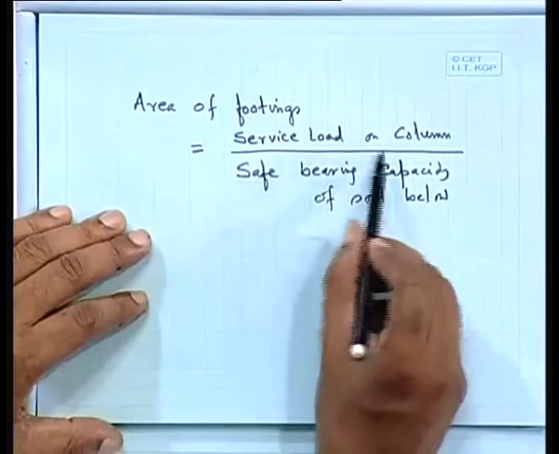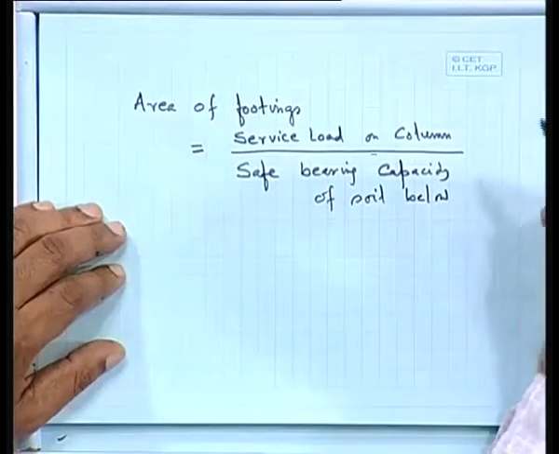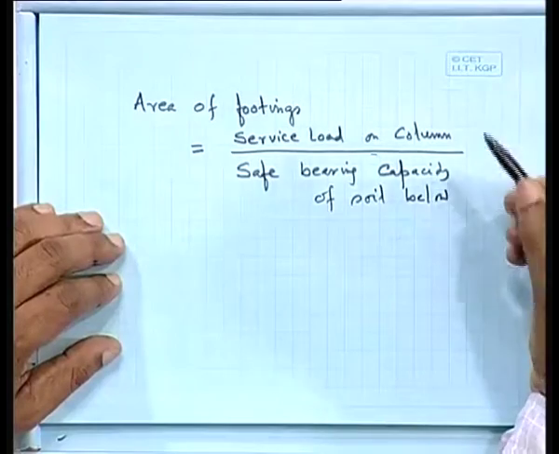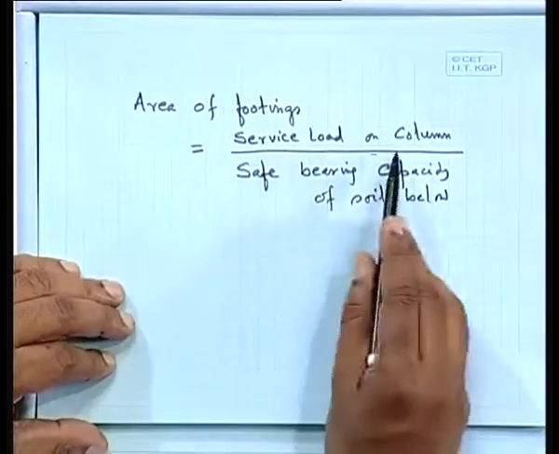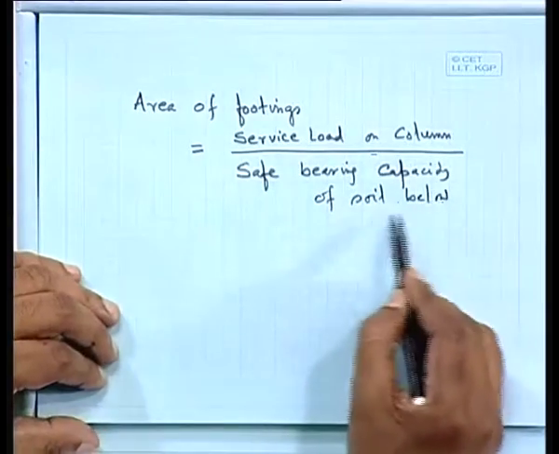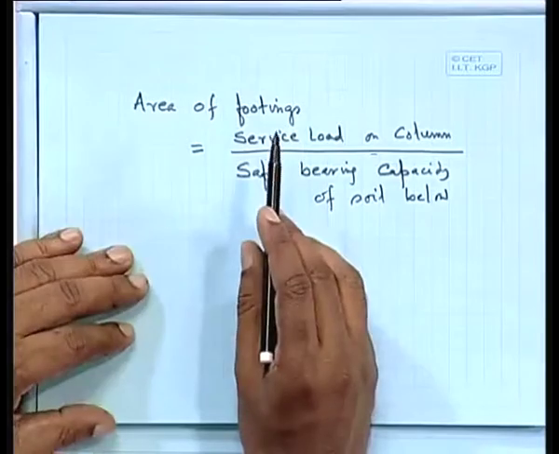If we know the service load, that means after giving the proper multiplication factor, 1.0 in this case, or 0.8 with the live load and wind load when you are talking. So service load on column divided by safe bearing capacity of soil, on the basis of that you can get the area of footings.